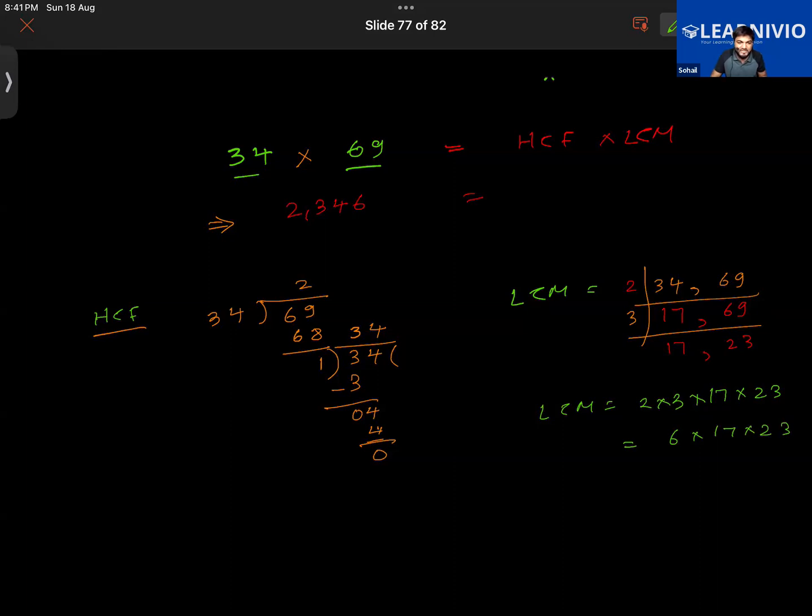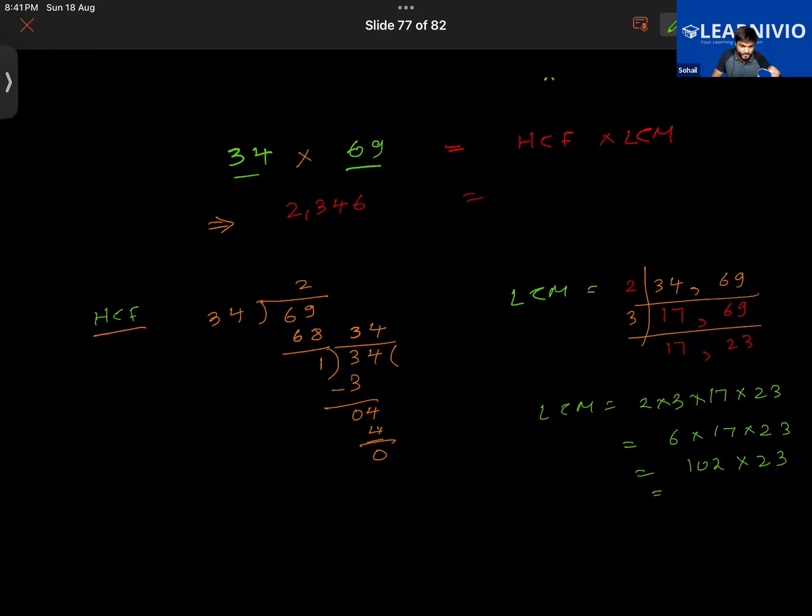17 6s are how much? We know that it is 102. Good. And multiply it with 23. So quickly do the calculation and see what answer you are getting. Multiply 102 with 23.